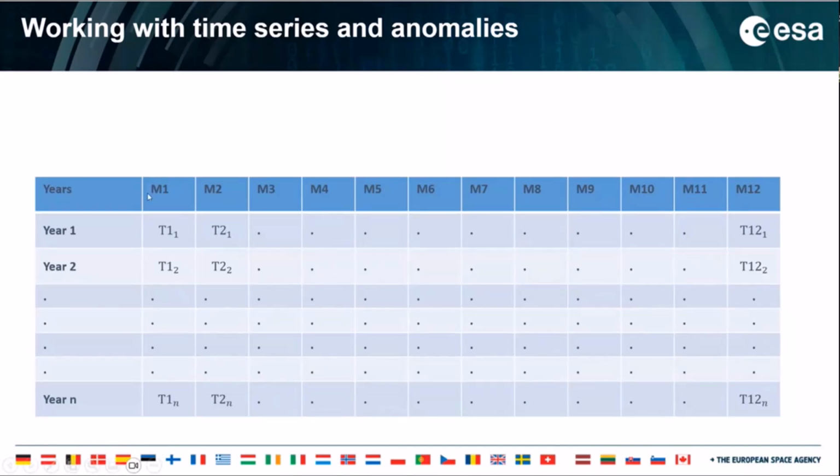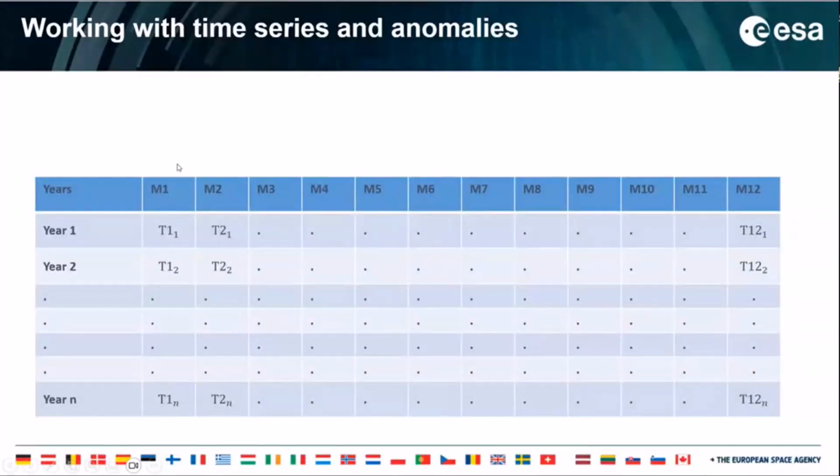The total amount of images you have, if you take the monthly average, will be the number of months multiplied by the number of years of observation. This is the matrix we could see. You can do all kinds of aggregation. You can take a row, which is a year, and take the mean of it, so you obtain a yearly mean.